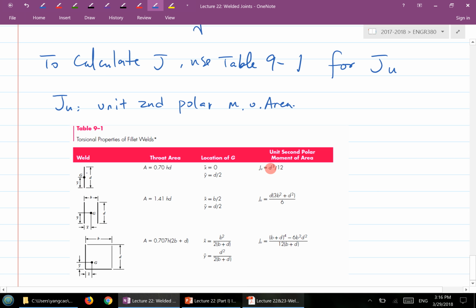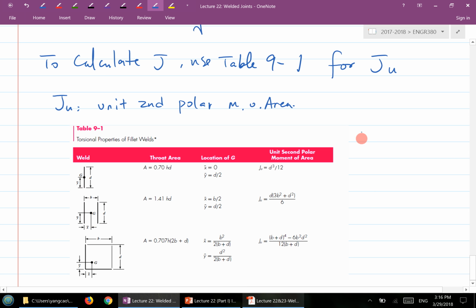If you have a weld group like this, then the formula for JU will be this. The table also gives you the centroid location, X bar and Y bar, for that weld group. So this is the unit single area.